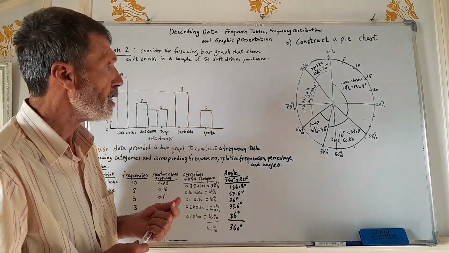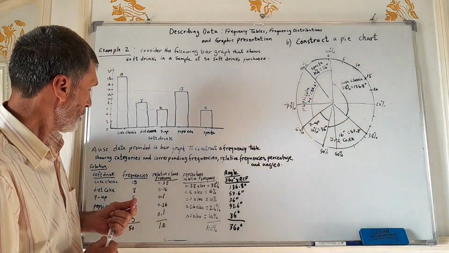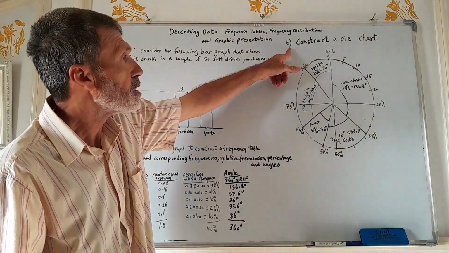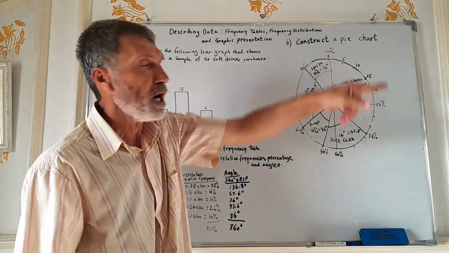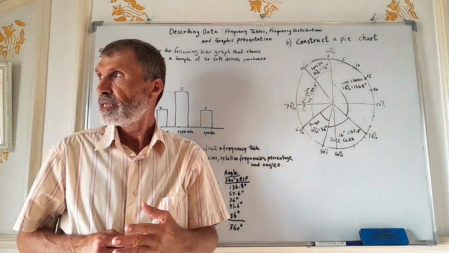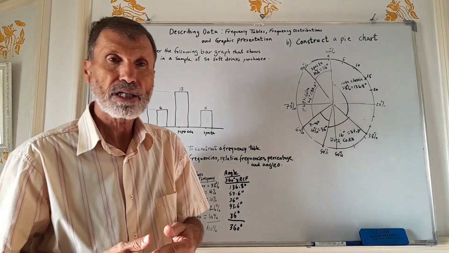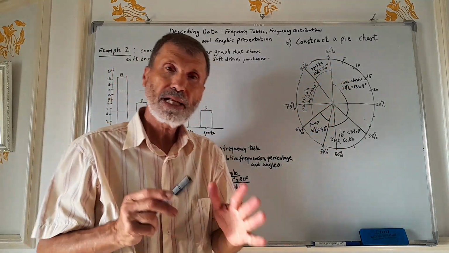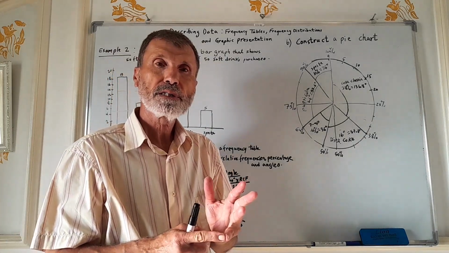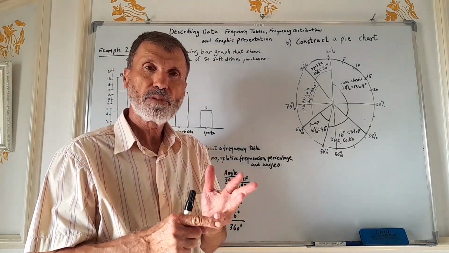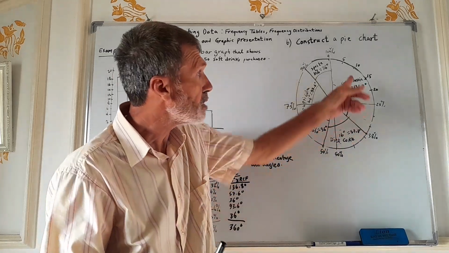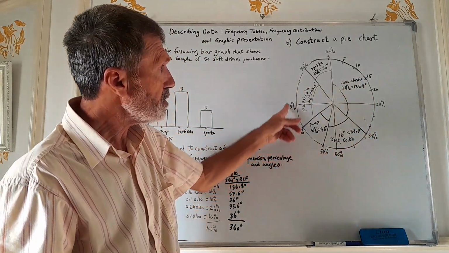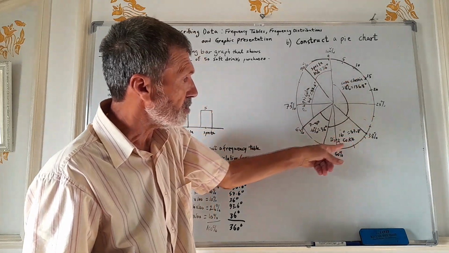Okay, now part B of the problem, question B, construct a pie chart. Remember, to construct a pie chart, first we draw a circle. Then the next step is to record the percentages 0%, 5%, 10%, 15%, evenly around the circumference of the circle.